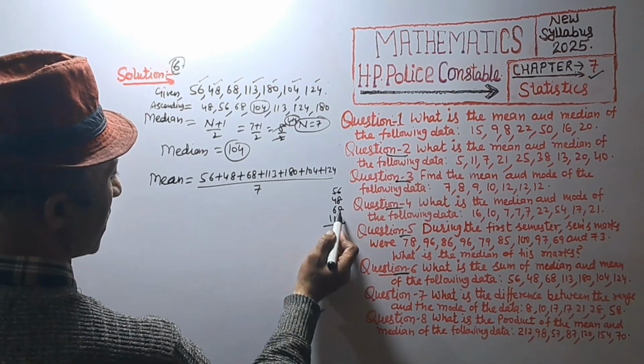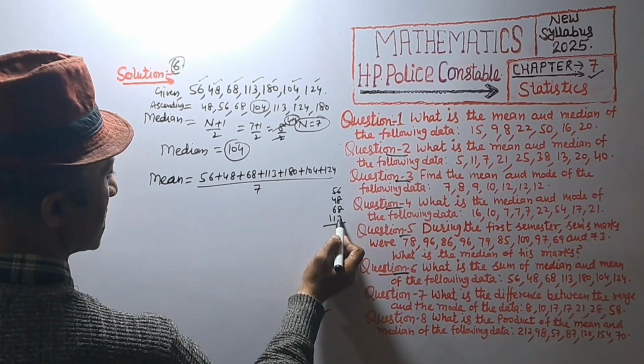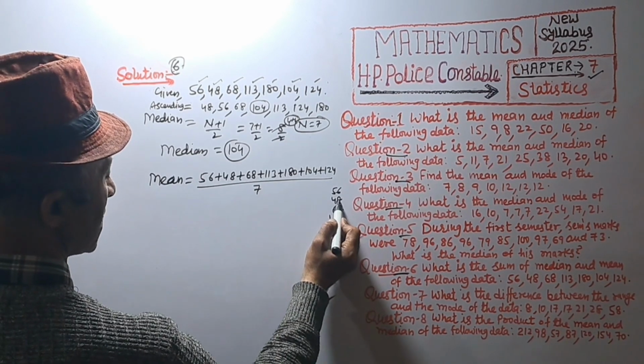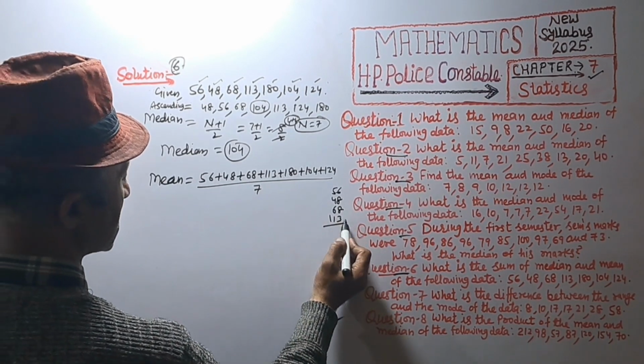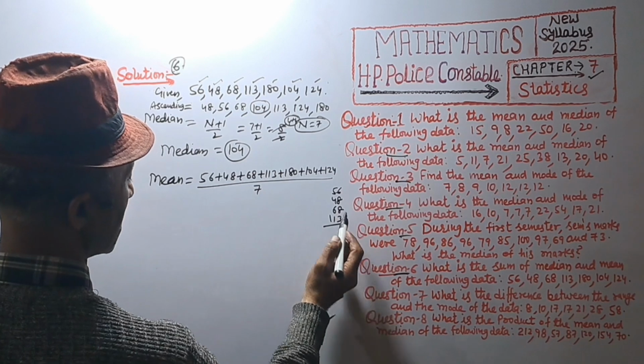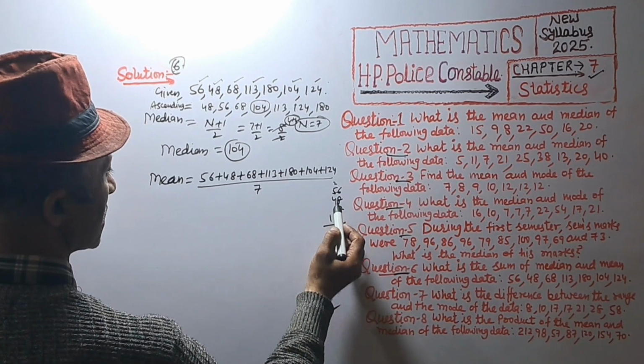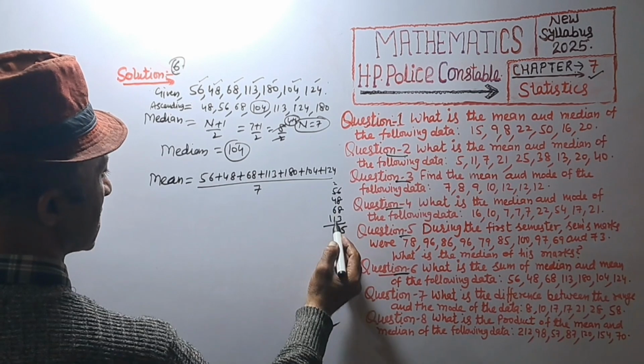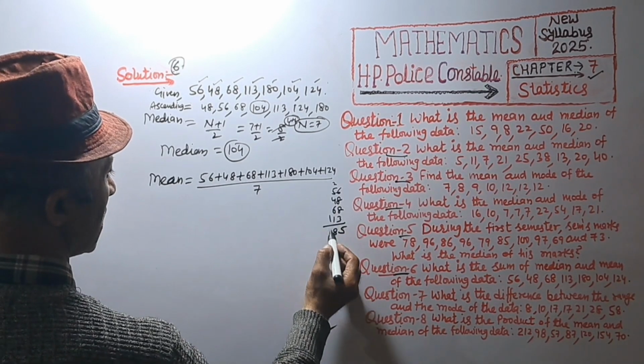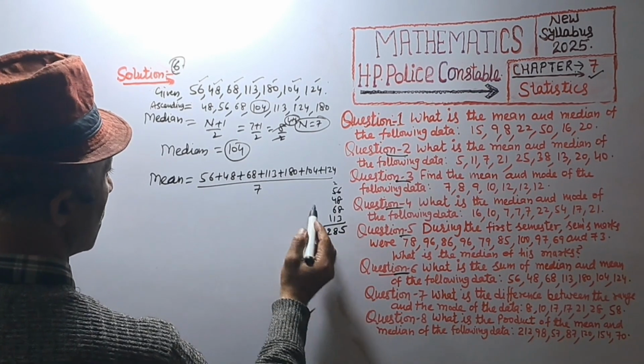First we find 8 plus 3, 11. 11 plus 8, 19. Plus 6, 25. 2 carry. 5 plus 2, 7. 7 plus 4, 11. 11 plus 6, 17. Plus 1, 18. 1 plus 1, 2.